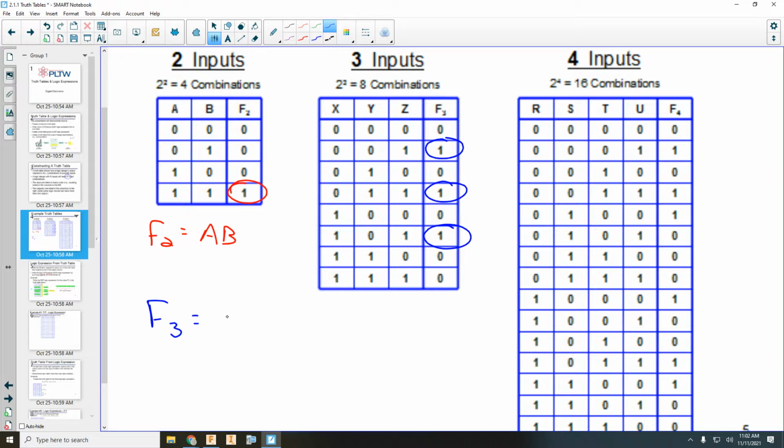So that's X naught, Y naught, Z. Or my next one is X is off, Y is on, Z is on. Or my third one is X is on, Y is off, Z is on. And that's what we call a sum of products expression.